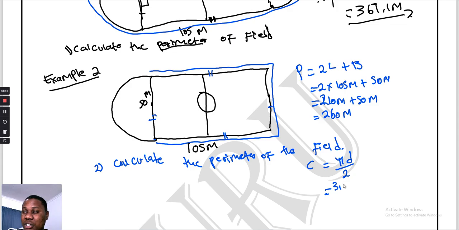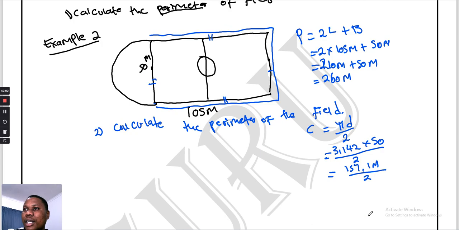So it's going to be 3.142 multiplied by 50 meters divided by 2, which is 3.142 multiplied by 50, which is 157.1 meters, divided by 2, which is equal to 78.55 meters. That is the circumference.